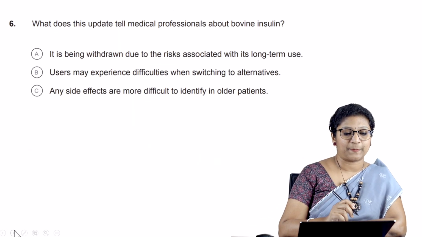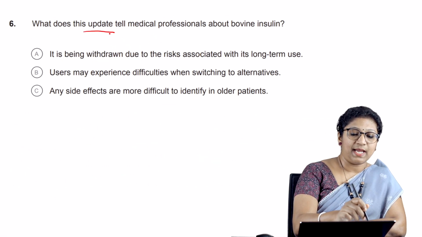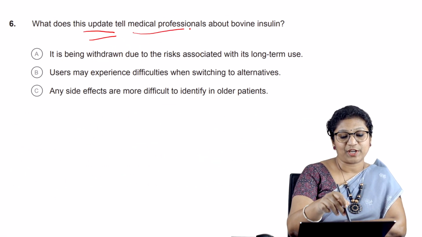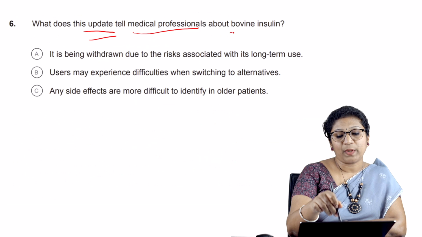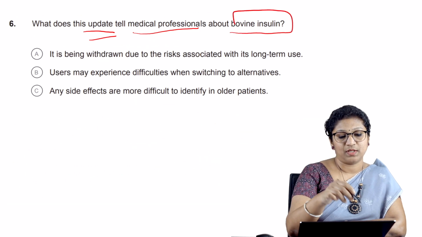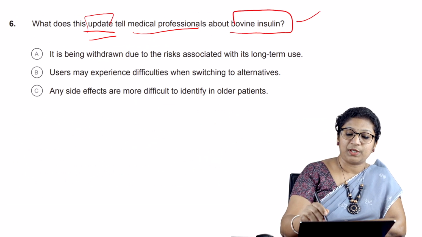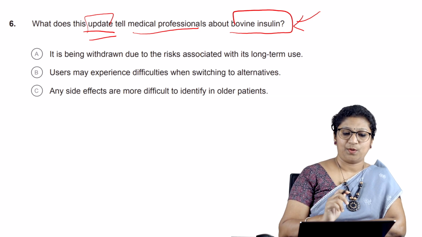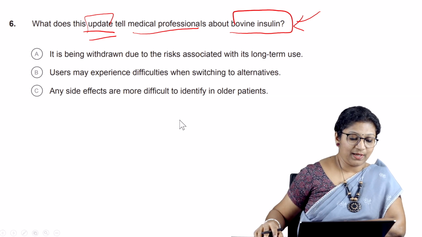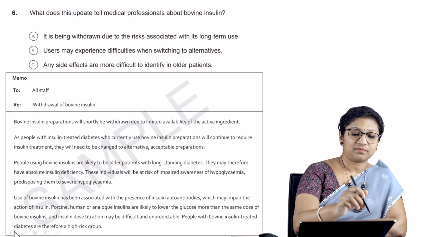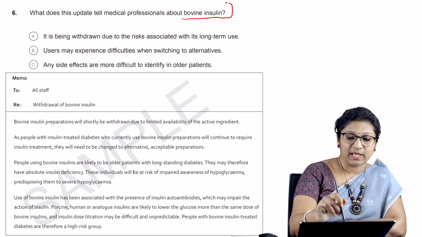Here we have this question. What does this update tell medical professionals about bovine insulin? Update about this particular thing. Alright? Okay. Let's look at the extract as well, about bovine insulin.